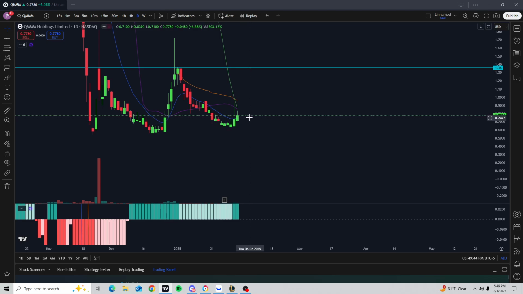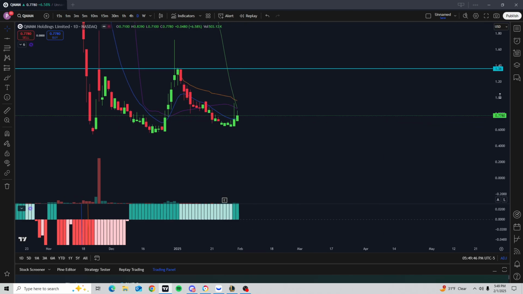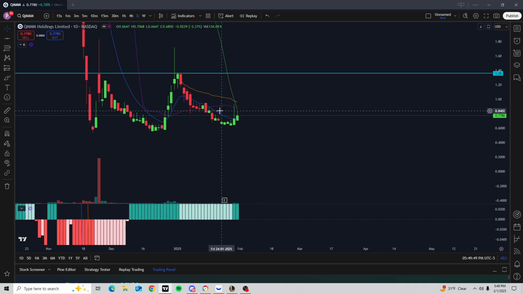Now, if I was swinging this for a long-term swing, then what I would have done is say, all right, I'll add a little bit here around, let's just say 80. If it drops back down, I'll add a little bit more here around 64. You could even say 56. Could go anywhere around here. So I would have a game plan.